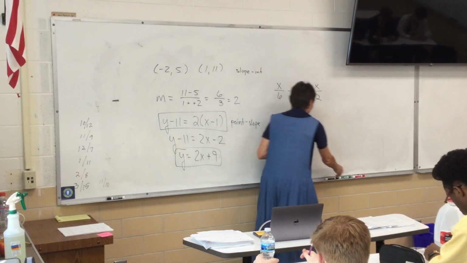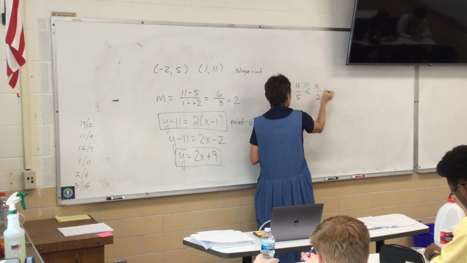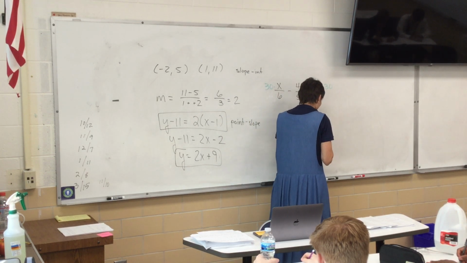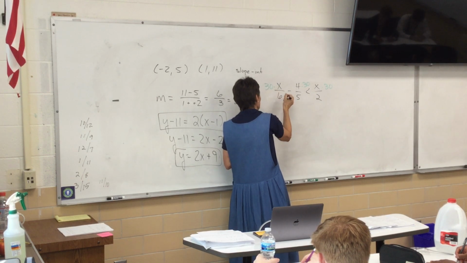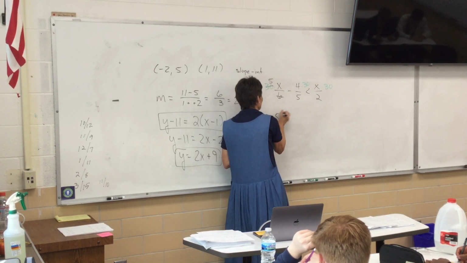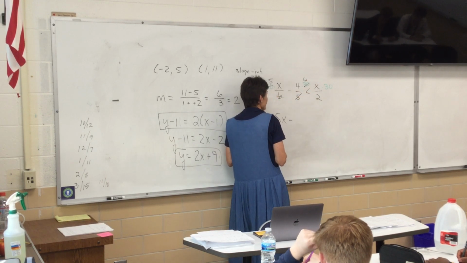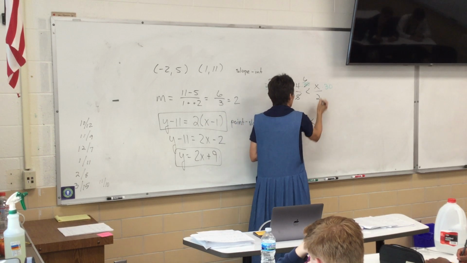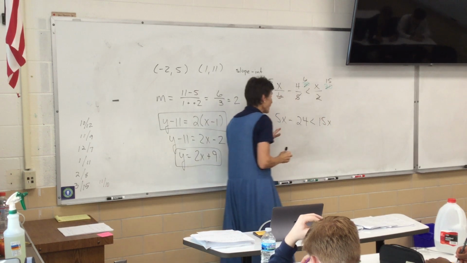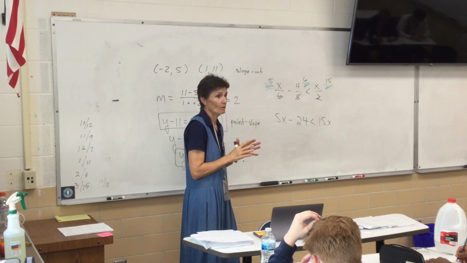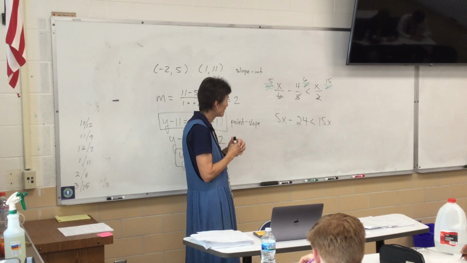Because if you multiply them all by 30, these are all going to cancel. 6 goes into 30 5 times, so now I have 5x. 5 goes into 30 6 times, and 2 goes into 30 15 times. So now I have a problem that's much easier to solve. Wouldn't you agree? That's just much easier than all those fractions floating around.